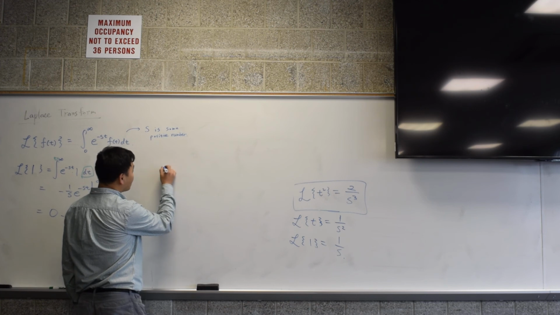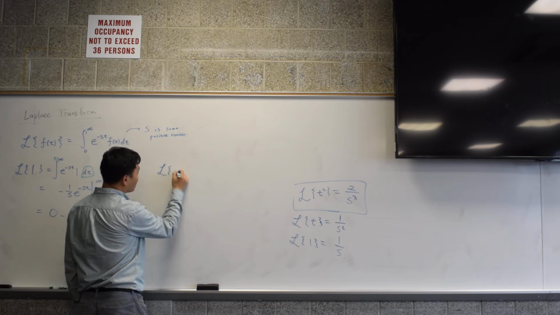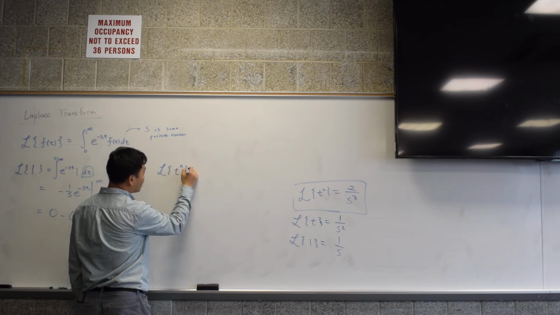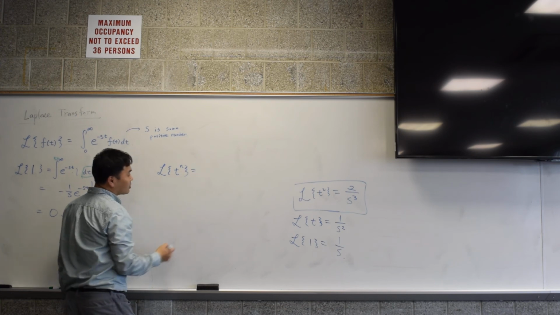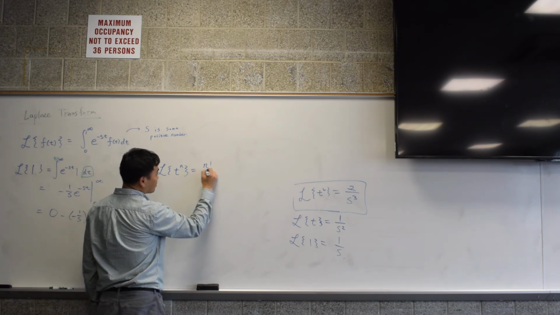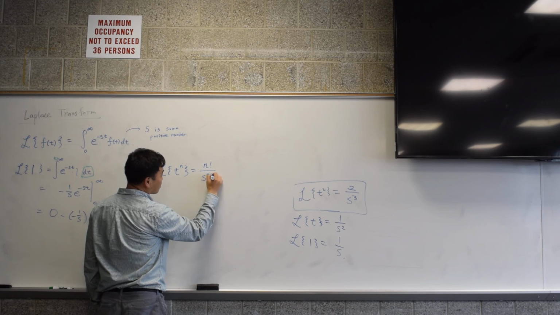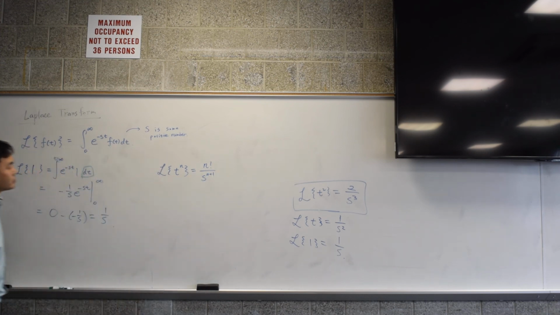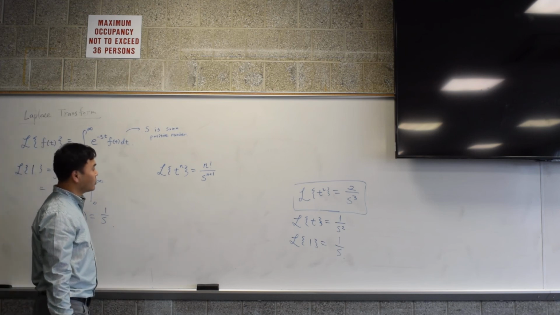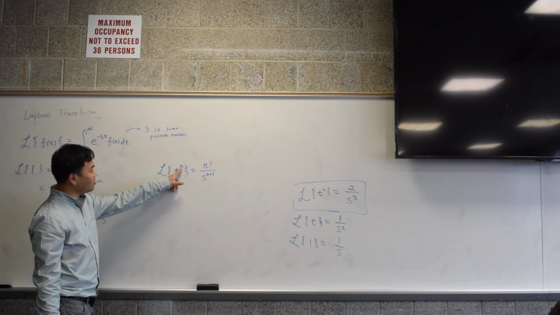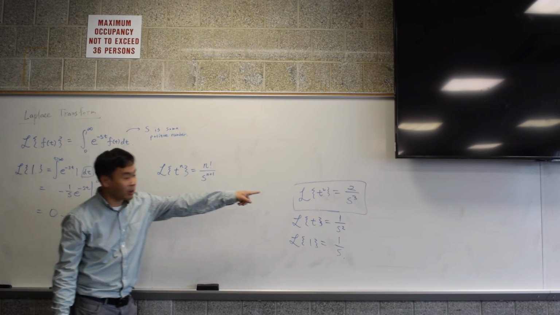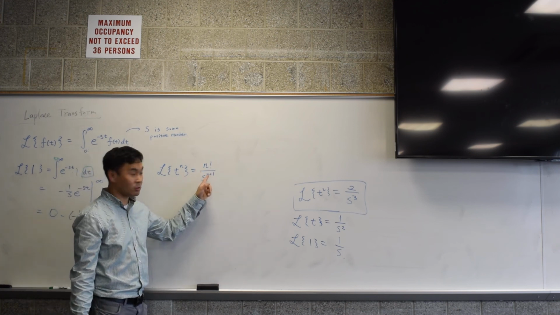If you have Laplace transform of t to the nth power, you get n factorial over s to the n plus 1. And as you can see, if n is 2, you recover our calculation, 2 over s to the third.